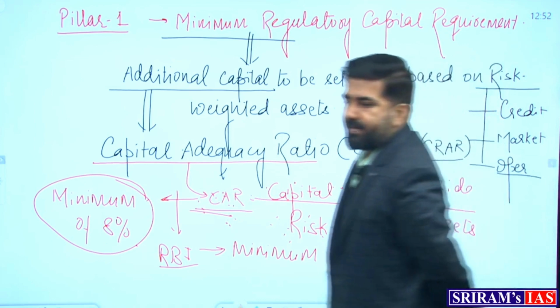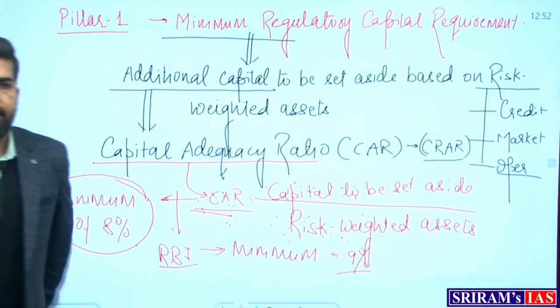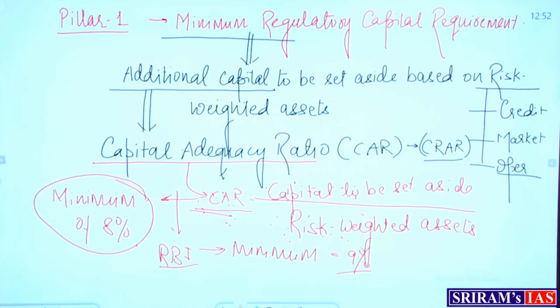Okay, we already know this. If you want to write, write in hyphen: credit, market and operational risk.